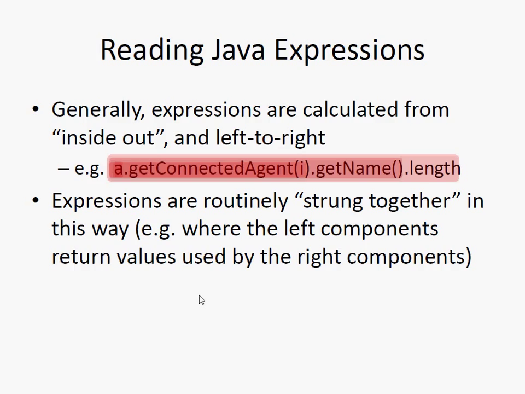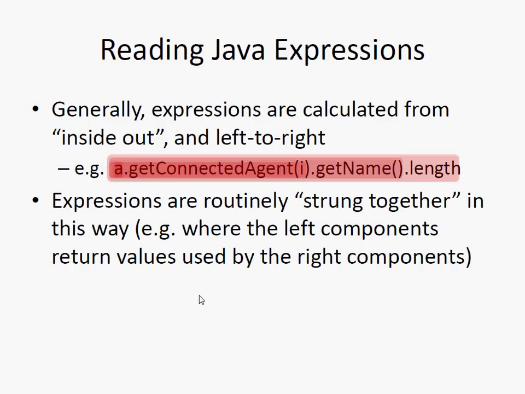So we have some reference, and we ask that reference, okay, get me your connected agent. Which agent? Number i's. Again, numbered from 0. 0, 1, 2. Maybe i is 4. In this case, it's their 5th connected agent. 0, 1, 2, 3, 4. Their 5th connected agent. Okay, great.